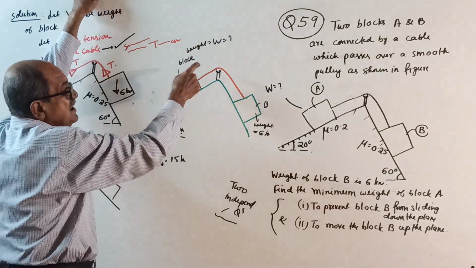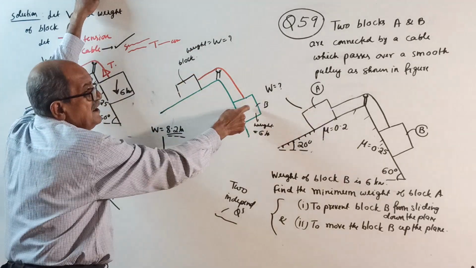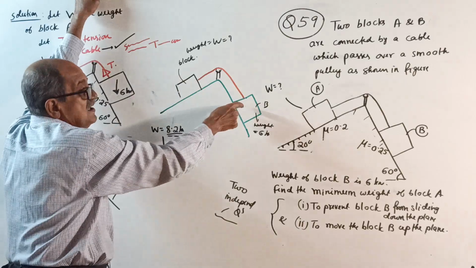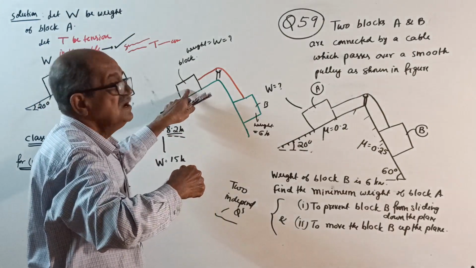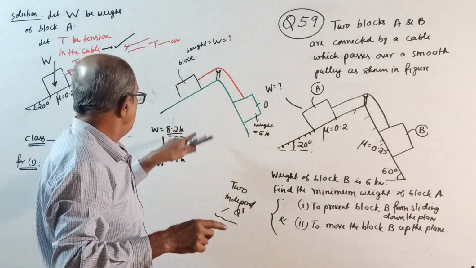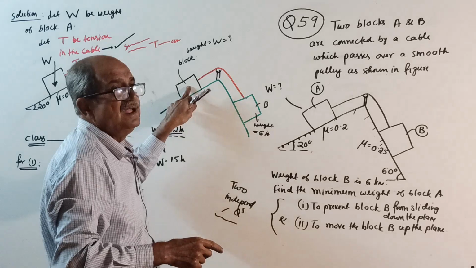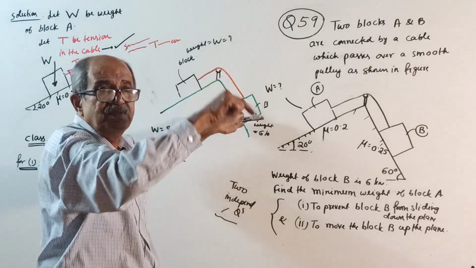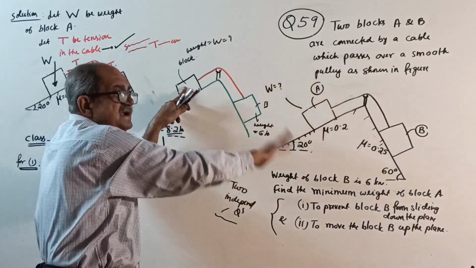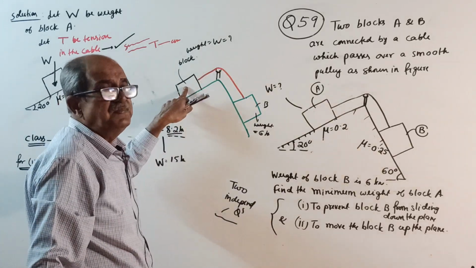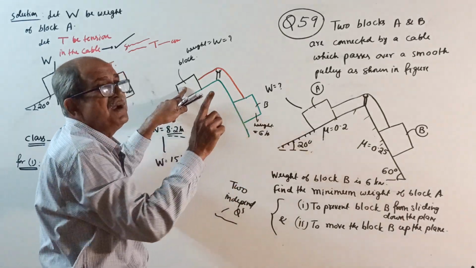What will happen? It will come down, it will pull it upwards. Suppose for example, with a lesser weight here, say about 8.2 kilonewton, that will be on the verge of sliding down. If it is less than 8.2, it will slide down. So at 8.2, it just prevents it.